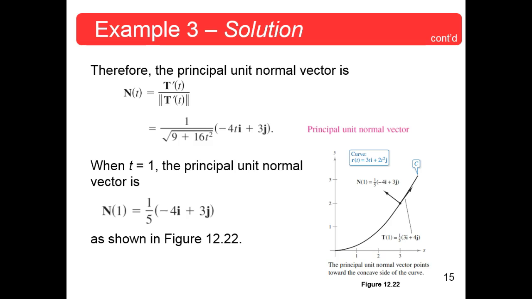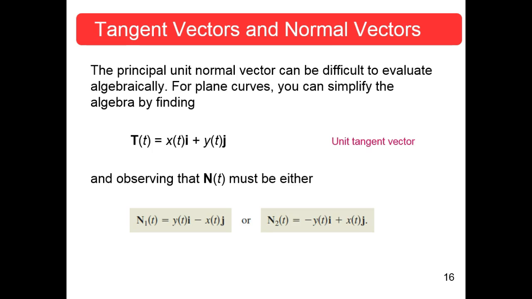We already established that. And since this is such a pain in the neck to calculate, if you can get the T of t, the unit tangent vector as a function of t, or as a function of anything, then what they suggest on the top of the next page is this. The principal unit normal vector can be difficult, and so on. I just said that.